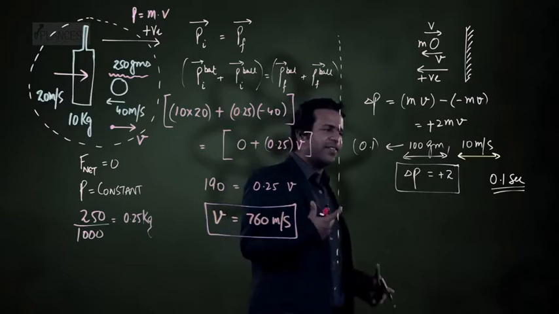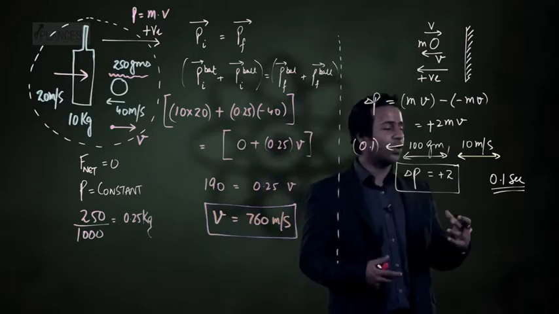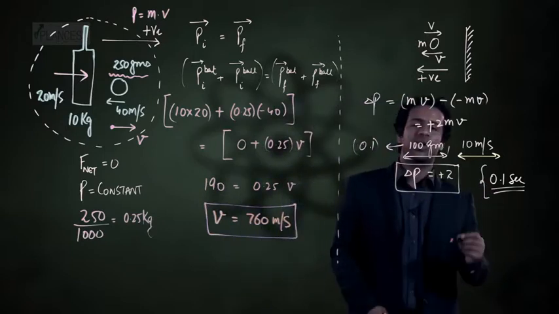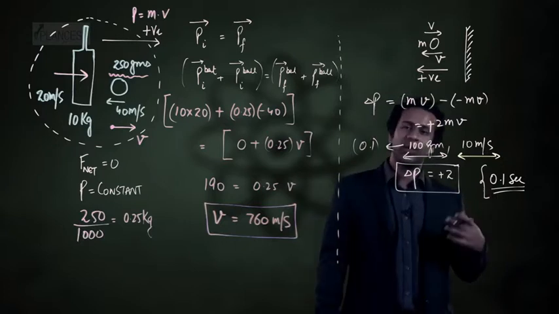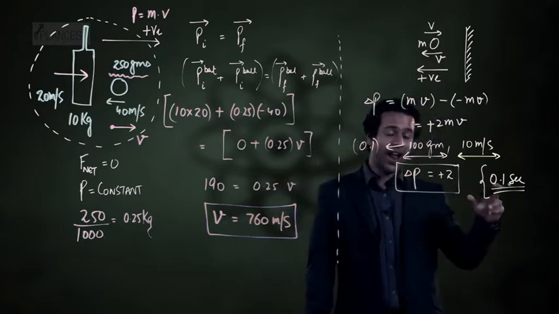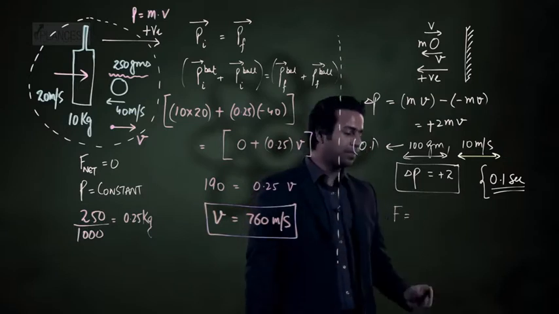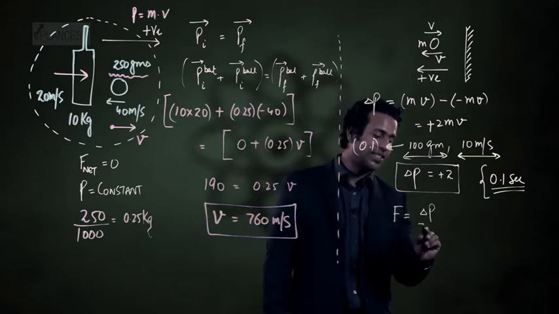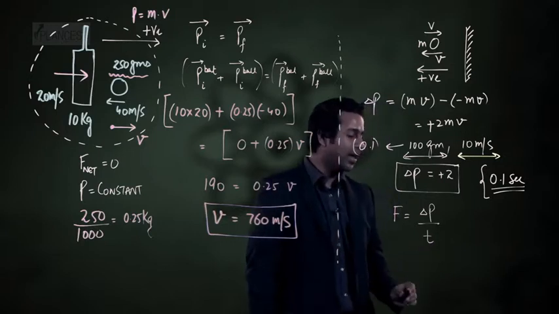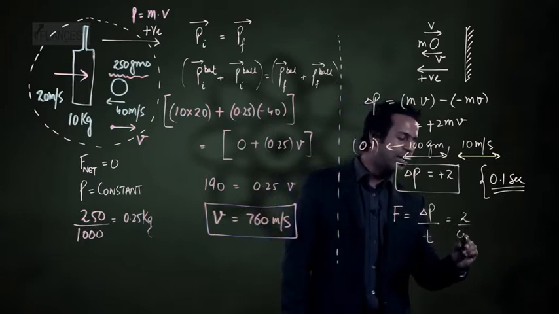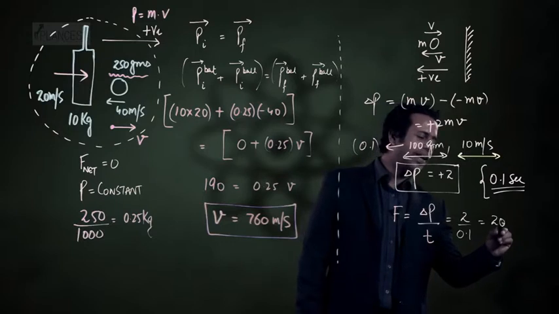So it's a fair assumption to say that this collision would have lasted for somewhere around 0.1 seconds. Now, if that was the case, then the force that acted on this ball, since we know force is change in momentum by the time taken, it becomes 2 divided by 0.1, which is 20 Newton.